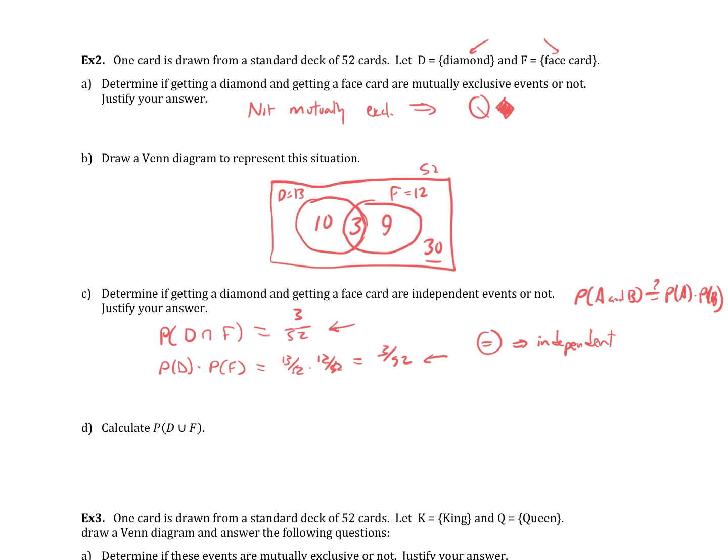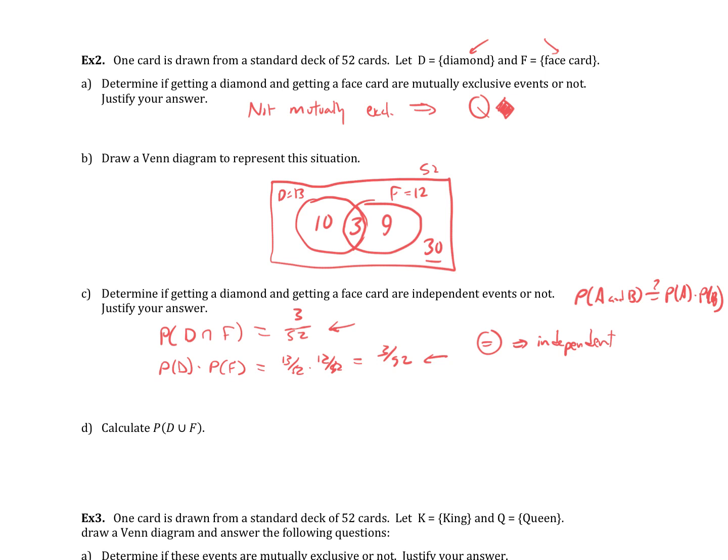Again, independent means that, at a basic level, they don't affect each other. One way to think about this, now that we're talking about cards: say I was drawing a card and not showing you, and for some reason you really wanted it to be a diamond to play whatever game we're playing, and I say, hey, guess what? It's a face card.